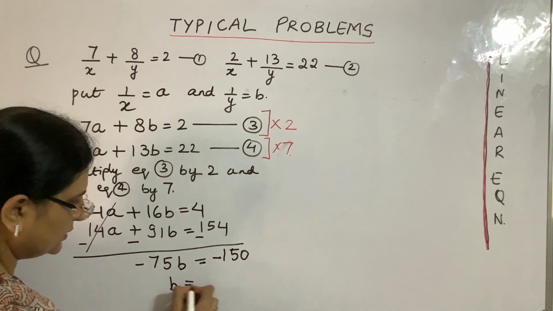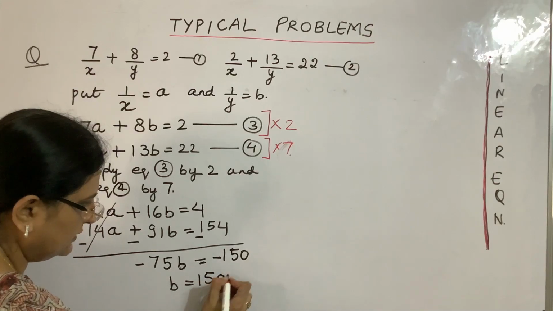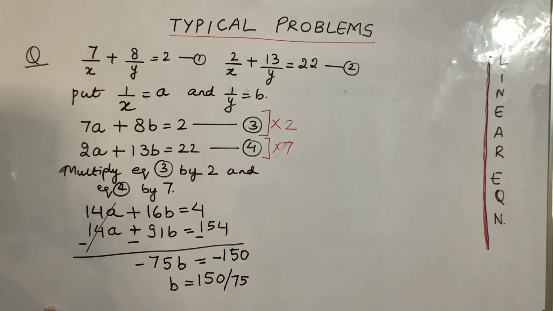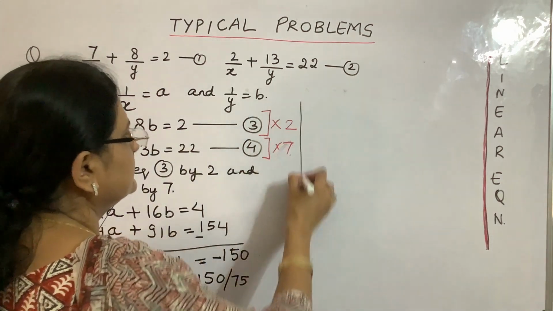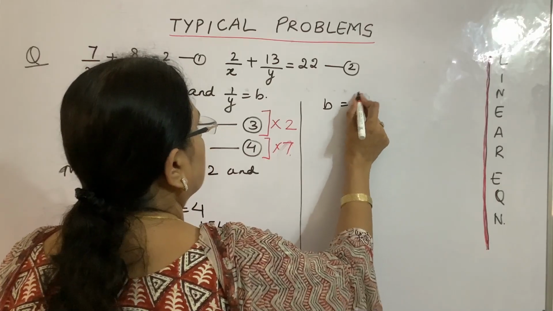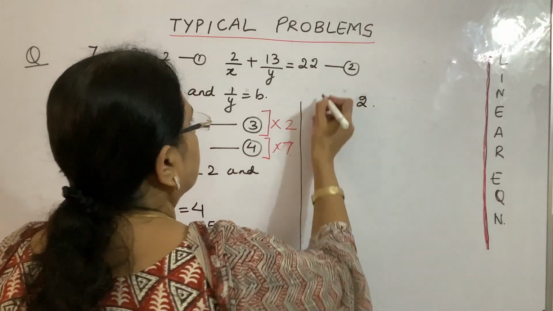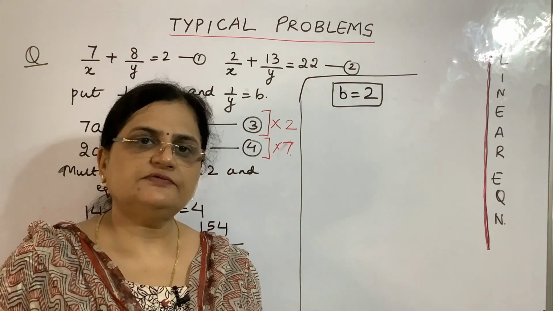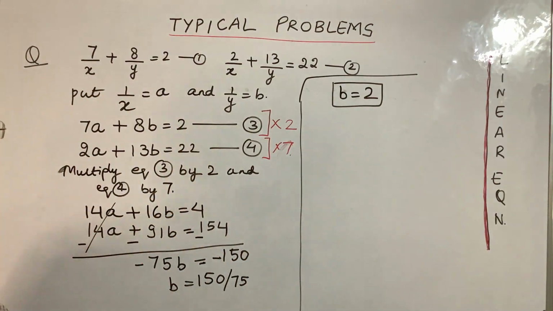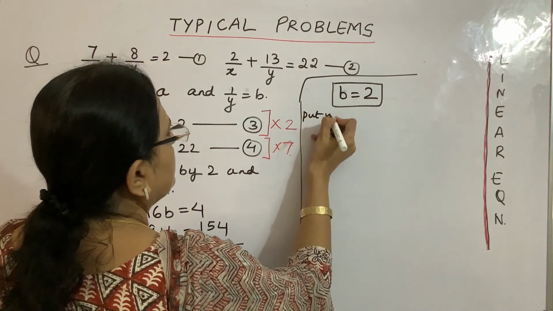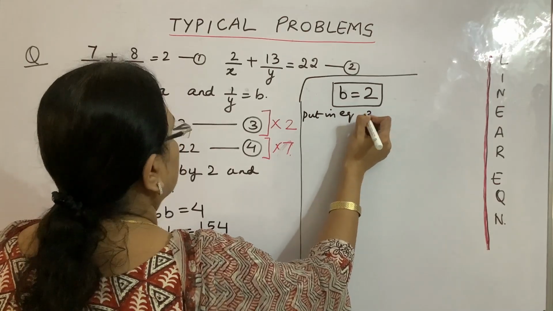So b is equal to 150 upon 75, and if you calculate this, you get b is equal to 2. Now once we have got the value of b is equal to 2, let us find out the value of a. So put in equation 3.